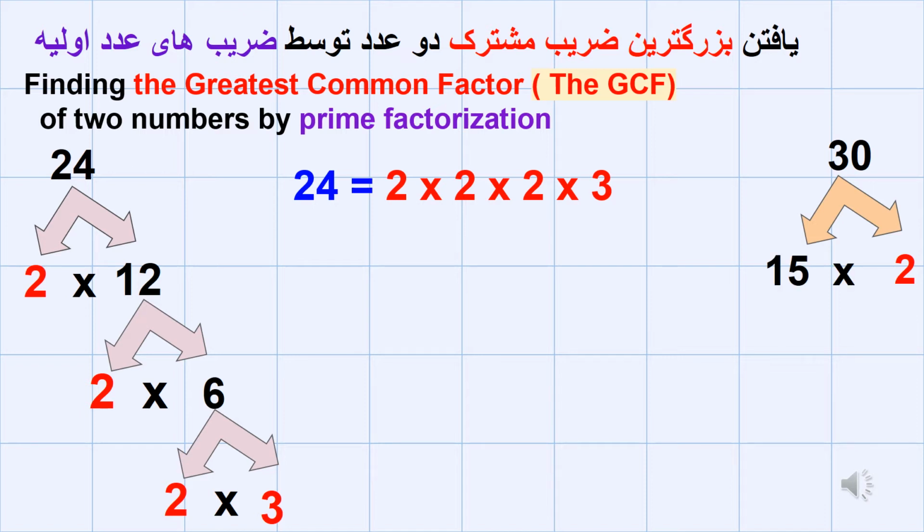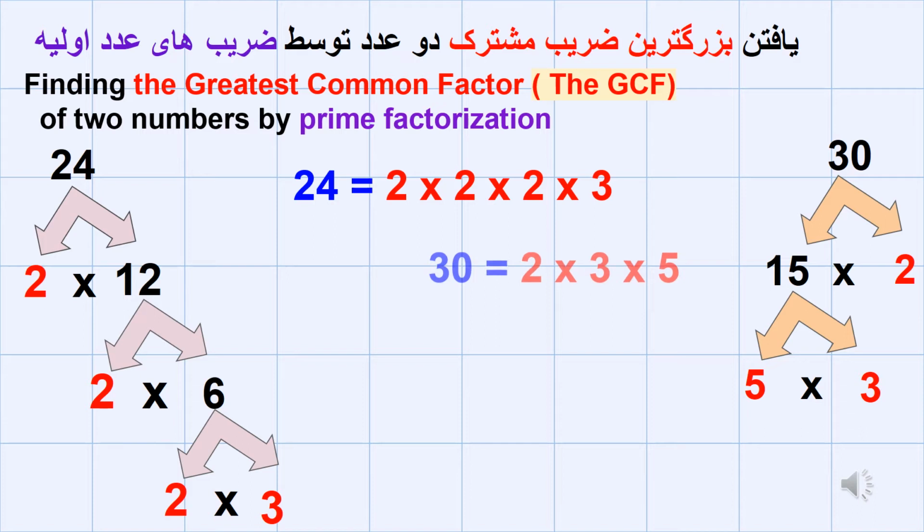We should find the factors for 15. 15 can be divided by 3. 3 is a prime number, and another factor is 5 because 3 times 5 is equal to 15. 5 and 3 are both prime numbers, and we came to the end of the procedure. So the prime factors for 30 are 2, 3, and 5, which are in red color. Those numbers are written in multiplication form on the other side of the equation. 30 is equal to 2 times 3 times 5.